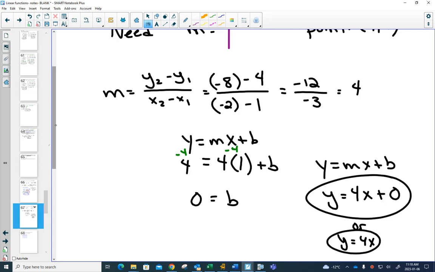So choosing the point doesn't matter, it will solve for the same value of b in the end. So you're not going to get a different answer if you chose the different point. But the math might be just a little bit different. Right? Because can you see, if I plugged in negative 2 here and negative 8 there, I would still get 0 for b.